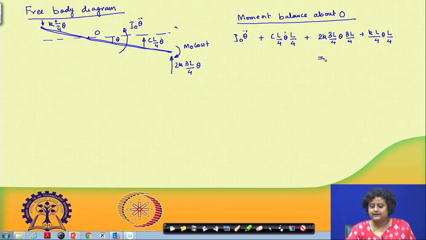On the right hand side, I get the externally applied moment, which is M0 cos omega t.